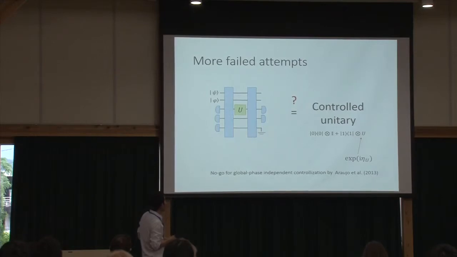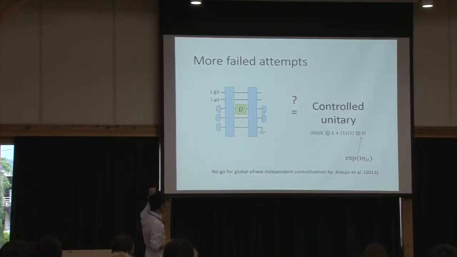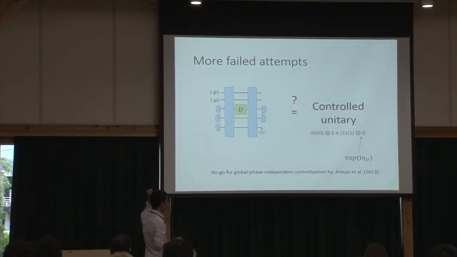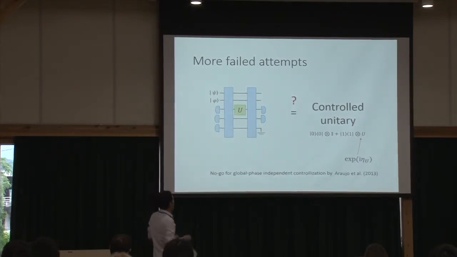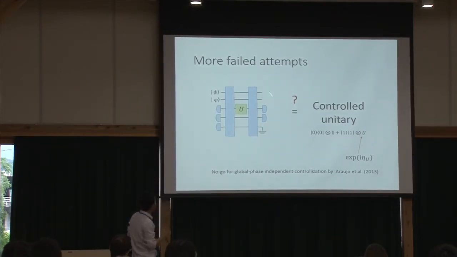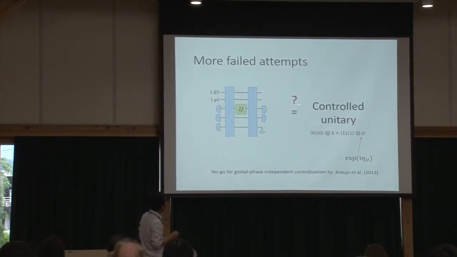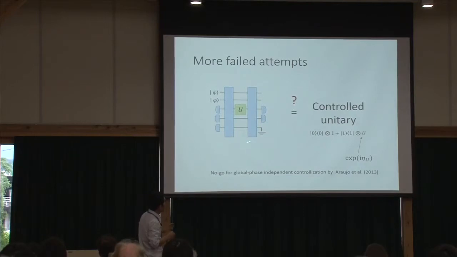Well, the answer is actually no. This was discovered independently, but the paper was published by Araujo in 2013. You can find it on the arXiv. So what they did was they considered this kind of arbitrary function that you can think of using a unitary.